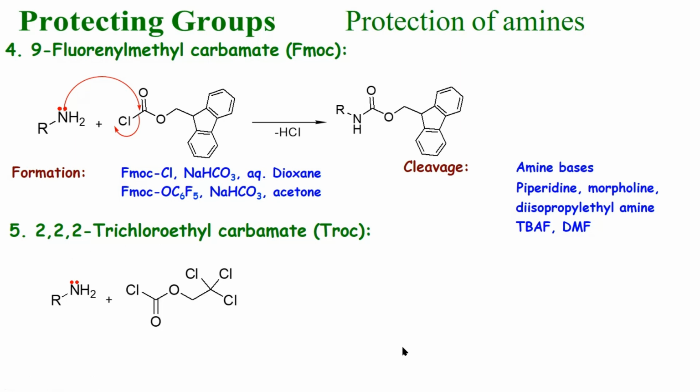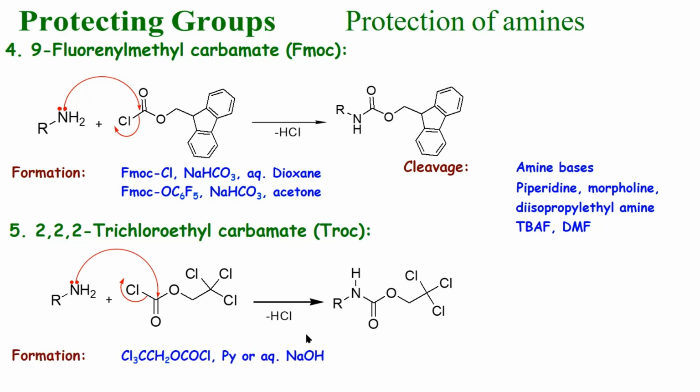Amines react with trichloroethyloxy carbonyl chloride. The amino group's lone pair of electrons is shared with the carbonyl carbon and chlorine leaves as HCl, and that can be neutralized in the presence of a base to give rise to TROC.